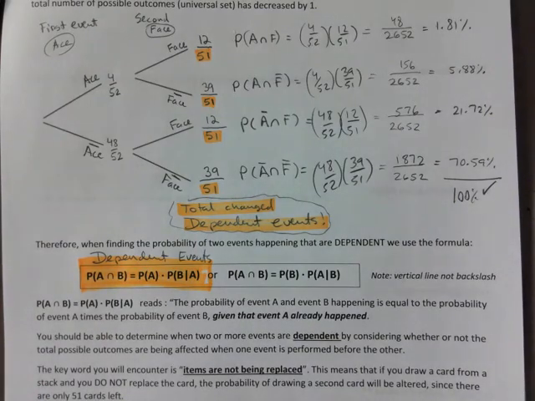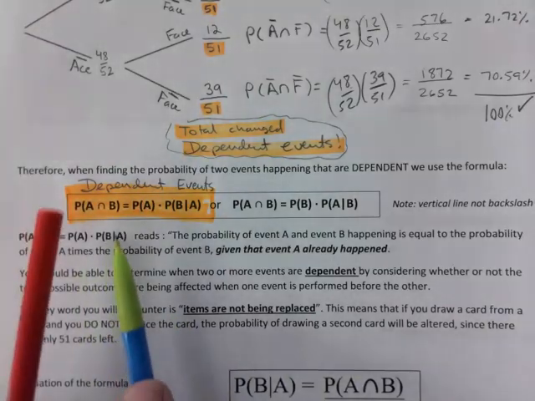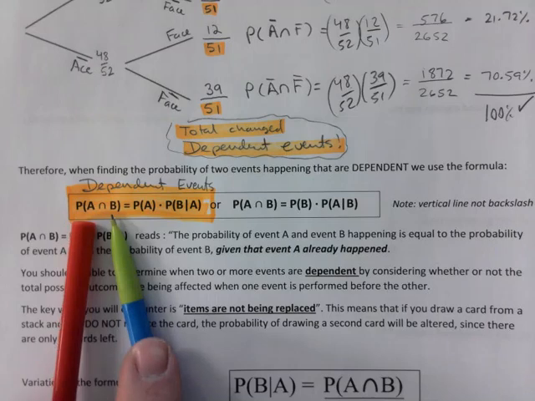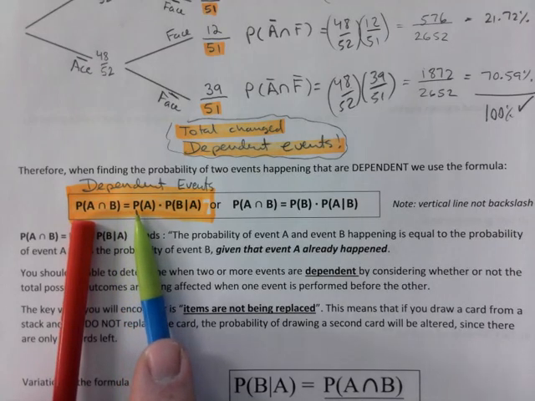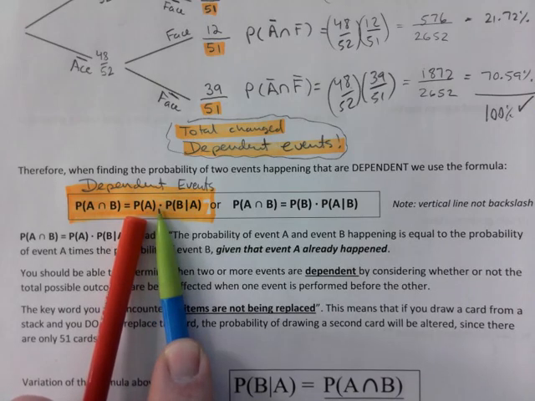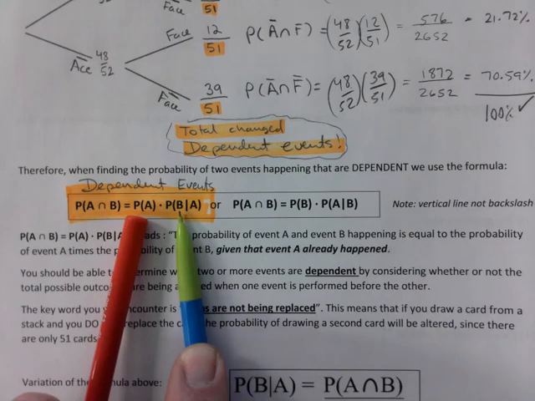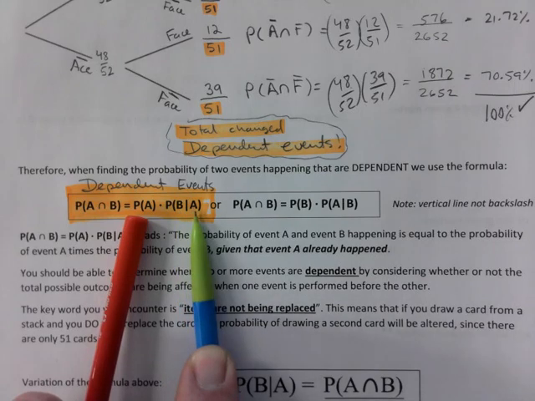And here's some annoying notation facts. I want to zoom into that. Watch what this is saying here. It's saying the probability of A and B happening is equal to the probability of A times, listen carefully, the probability of B given that A happened beforehand.